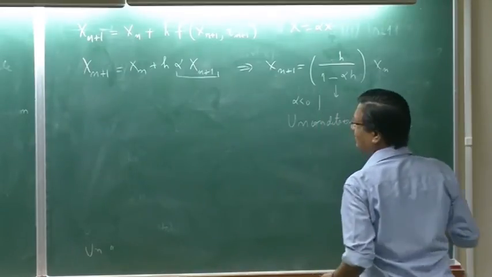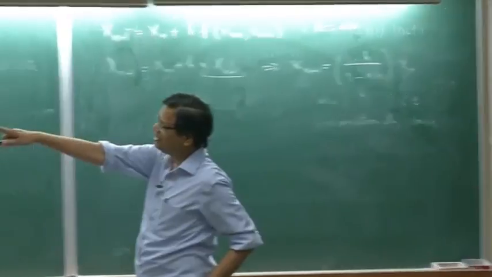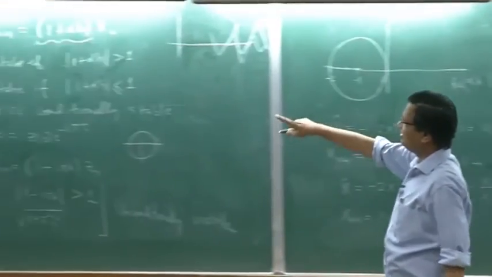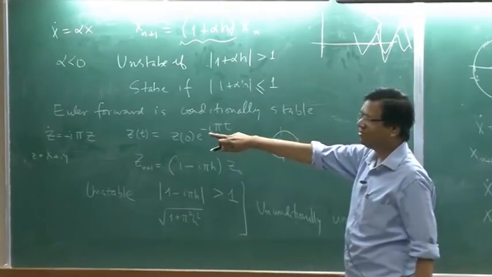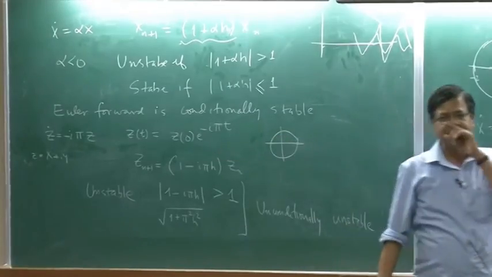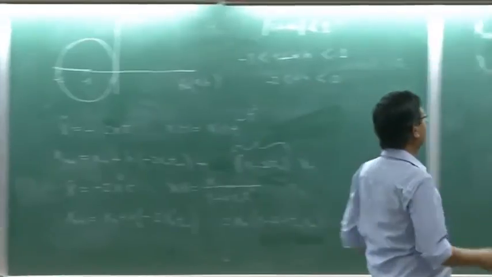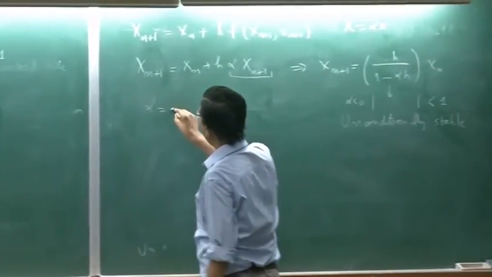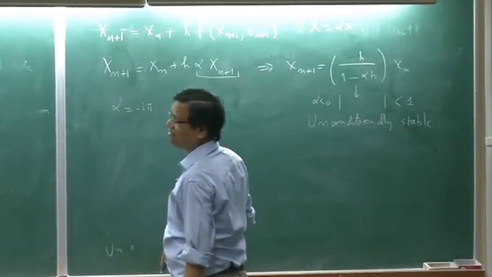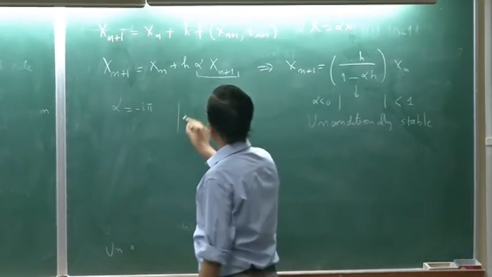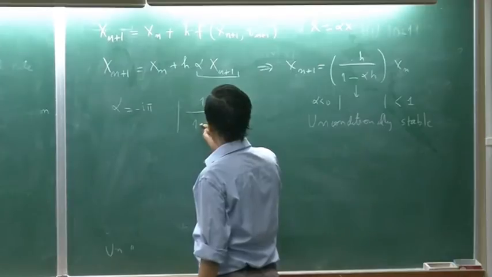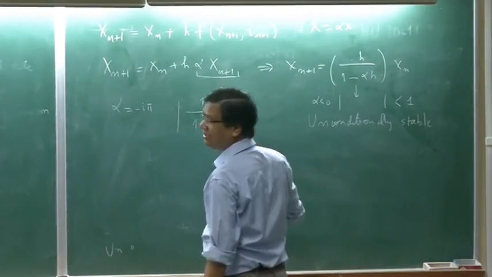So the first one will be stable. What about this one, when alpha is a complex number? Suppose my alpha is minus i pi. What happens? So this factor is 1 divided by 1 plus i pi h. What about this?